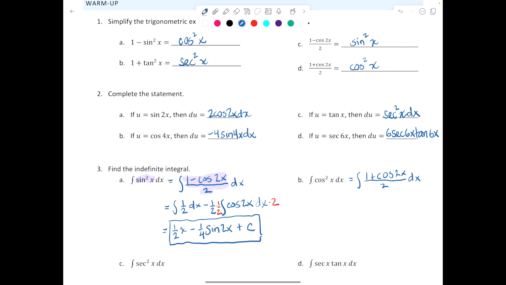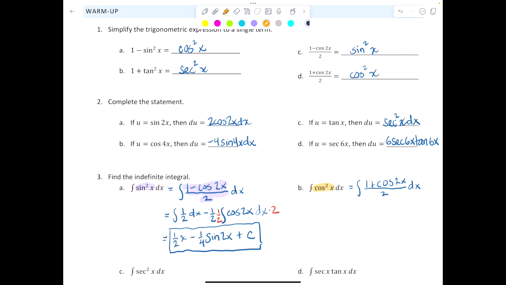And then similarly, we would rewrite our cosine squared at x as 1 plus cosine at 2x all over 2 dx. And that is going to be coming from formula 1D. And then similarly, we'll get the integral of 1/2 dx plus 1/2 times the integral of cosine 2x dx.